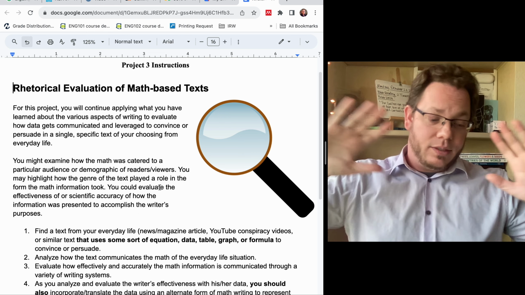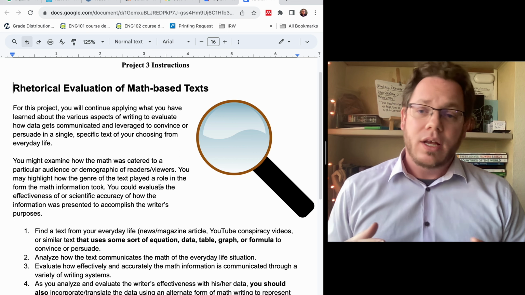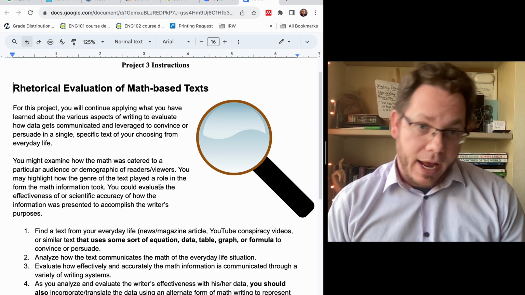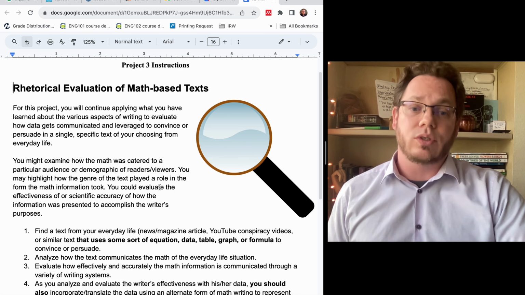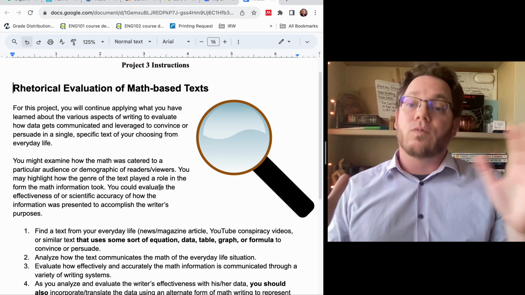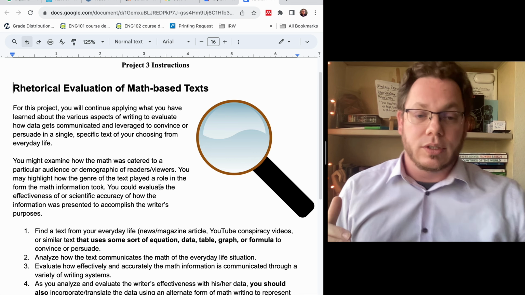Any sort of text, broadly defined, anything with a message that is not just simply reporting facts. And it has to be using math, using statistics, using some sort of data to frame or support some sort of argument. That's an important consideration.